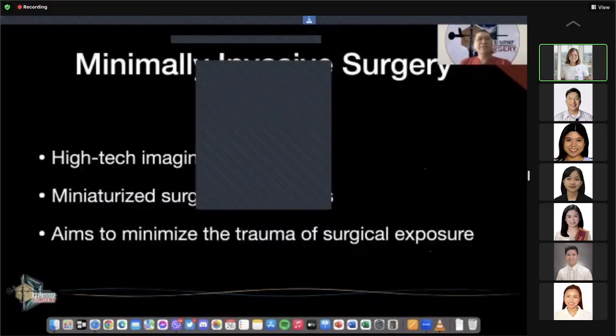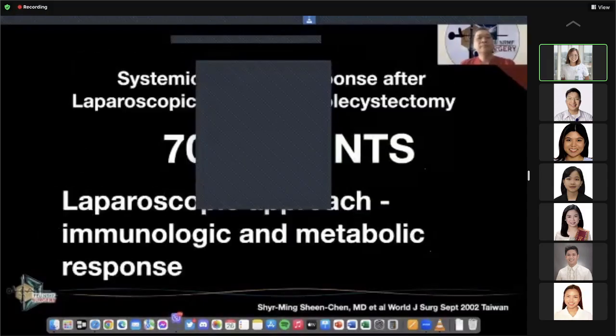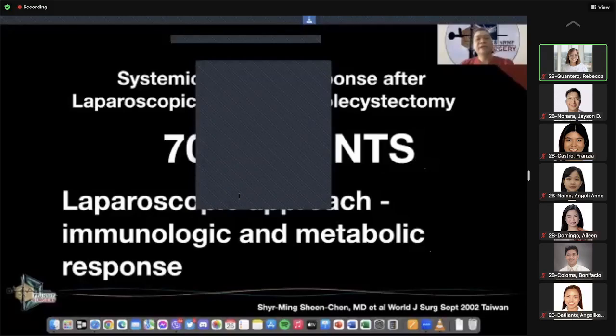So what is minimally invasive surgery? It is the use of a high-tech imaging system. The surgical instruments are made smaller and longer, aiming to minimize the trauma of surgical exposure. Studies have shown that the laparoscopic approach, compared to open surgery, has a decreased immune and metabolic response.